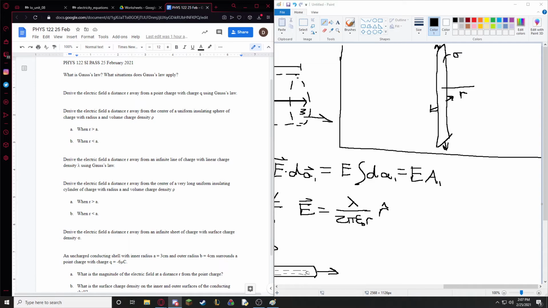All right, so we want to derive our electric field a distance r away from our infinite sheet of charge. So it's a planar symmetry situation. What is our Gaussian surface in this example going to look like?